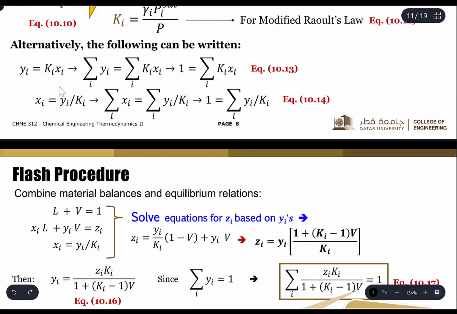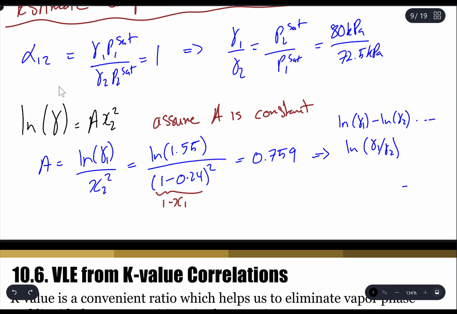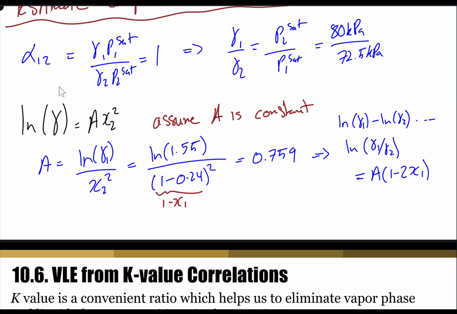I was trying to erase the lines that I drew there, but it didn't erase them for some reason. If you derive the expression, it's always going to be the same: A times (1 minus 2x1). If you remember last class, you asked me why there is a 2. Same expression. Then you solve for x1, and x1 is going to be 0.435.